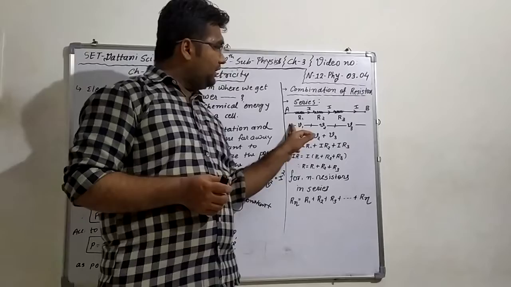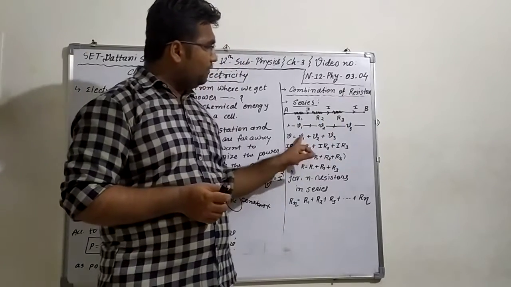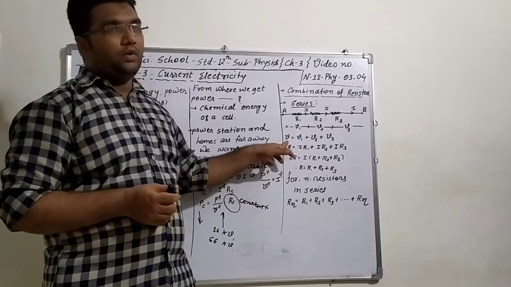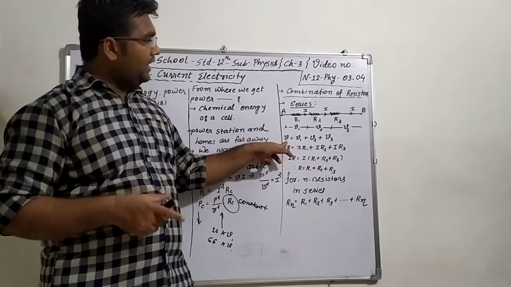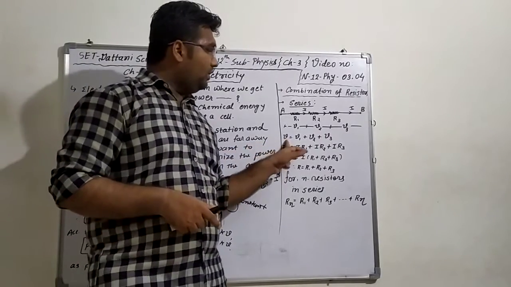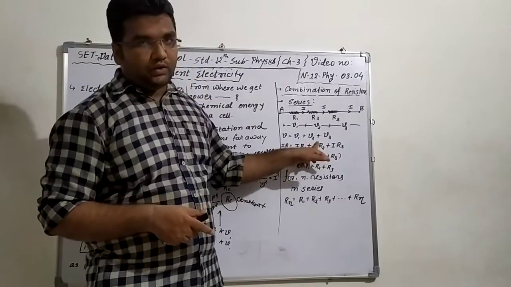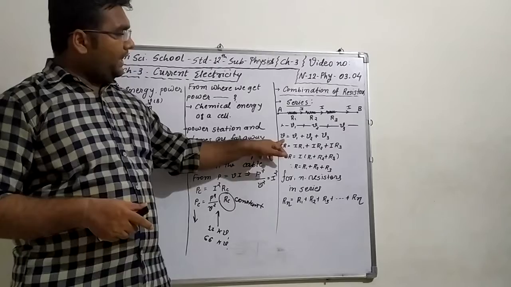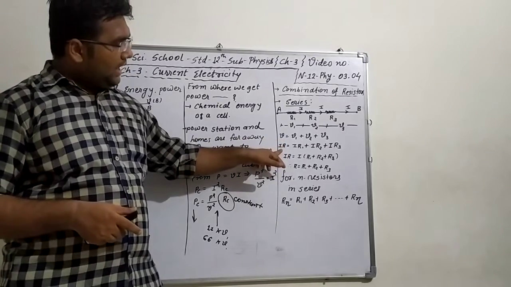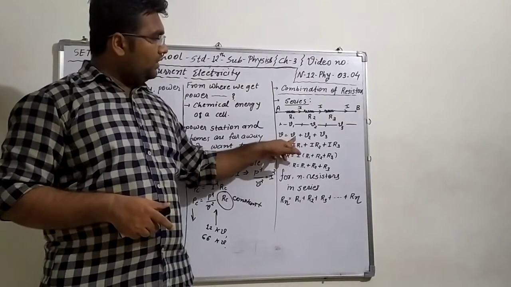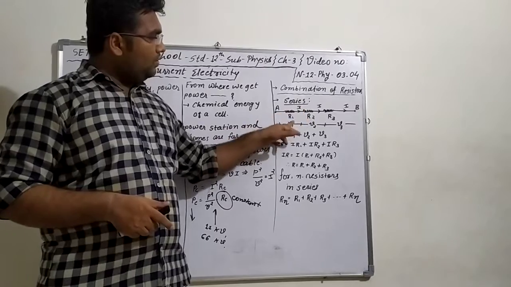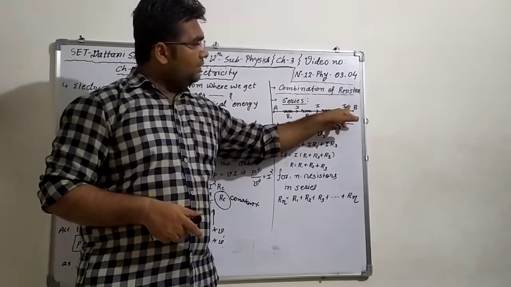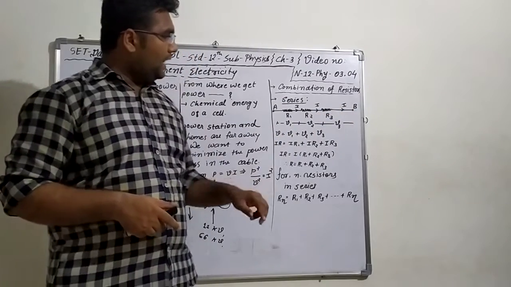Now, if we get the sum of all the voltages V1, V2 and V3, we get the total potential difference between two ends of a conductor. That is V equal to V1 plus V2 plus V3. We have the formula V equal to IR. So V1 equal to I into R1, V2 equal to I into R2, and V3 equal to I into R3.